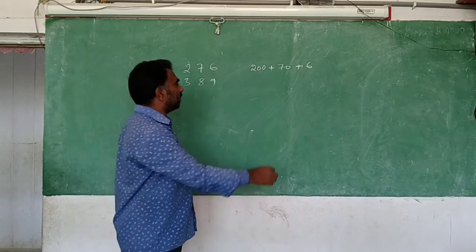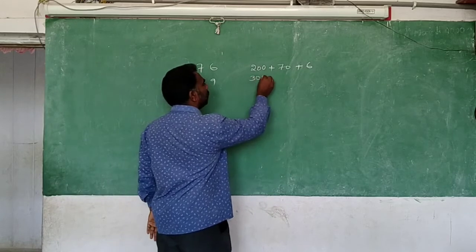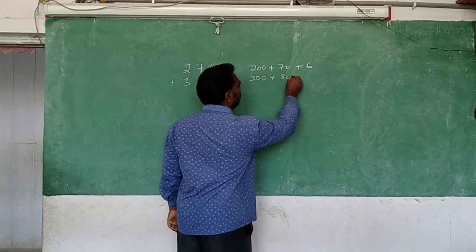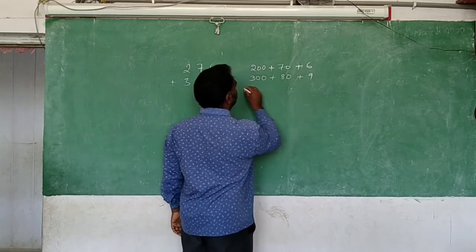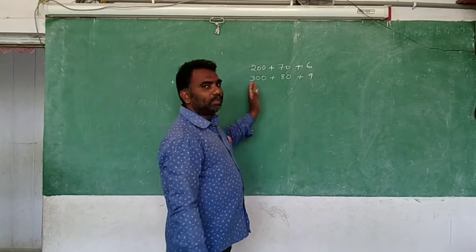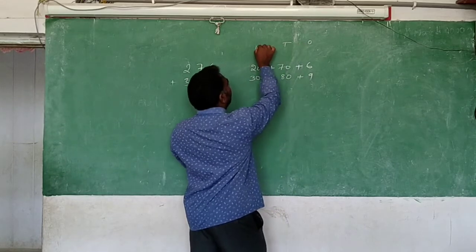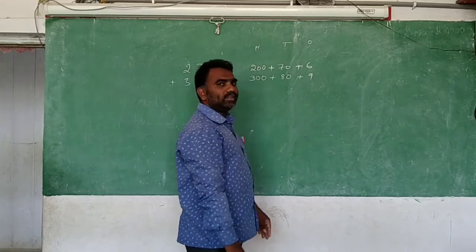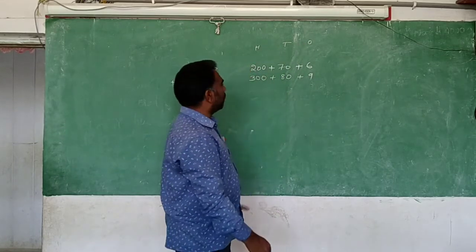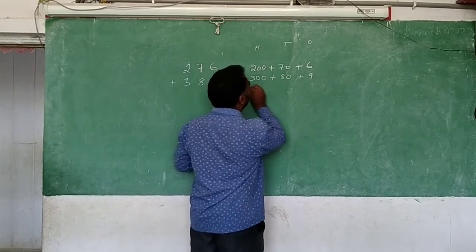How do you split 389? Yes, very good. 300 plus 80 plus 9. So you are splitting the number into ones, tens and hundreds. Okay, now I am going to add them.